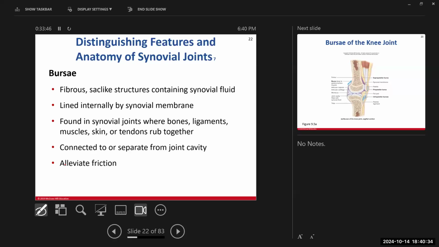You'll see them all around certain joints, by ligaments, by tendons, in areas that are undergoing a lot of movement or physical stresses. Their job is primarily to decrease friction.